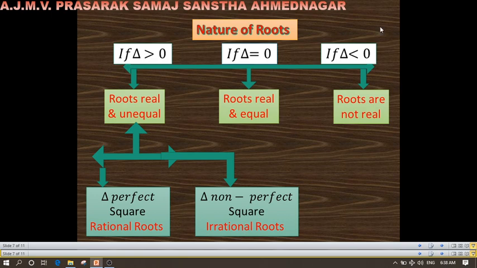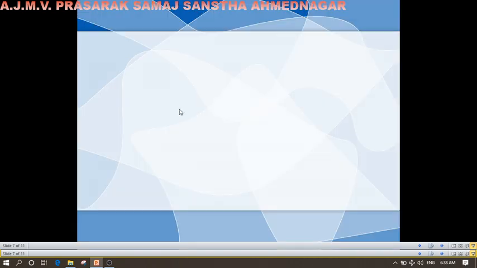So only remember this tree diagram, then we can identify what is the nature of the roots of the given quadratic equation without solving the quadratic equation.